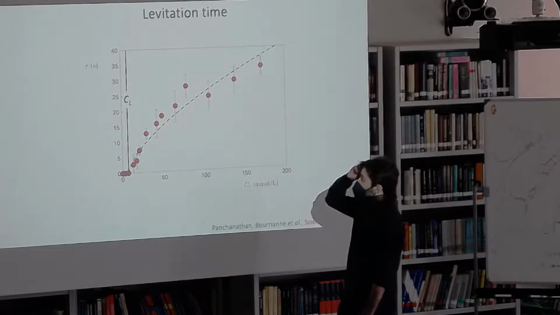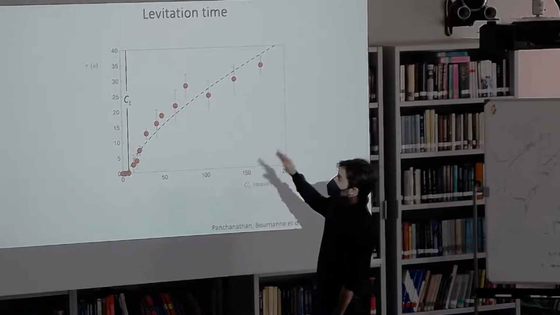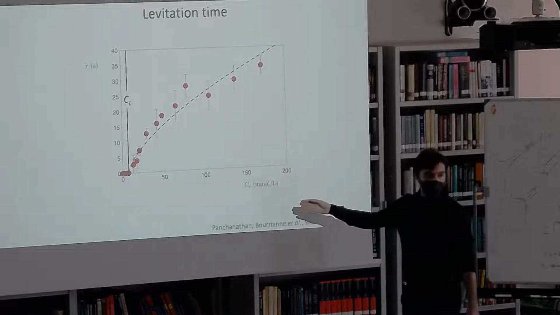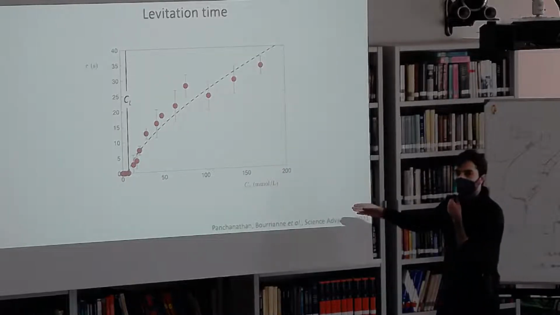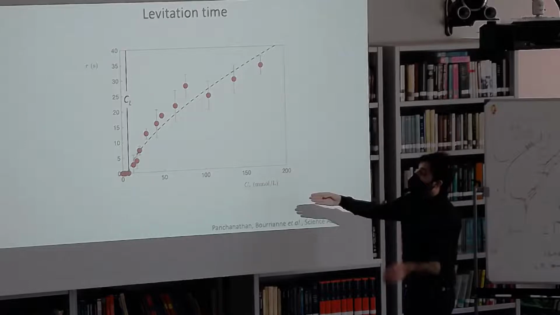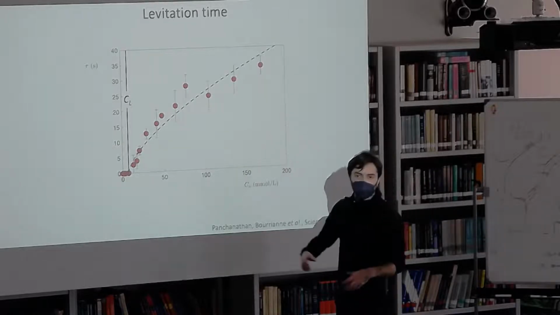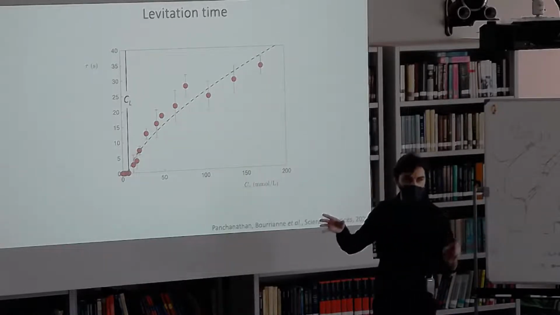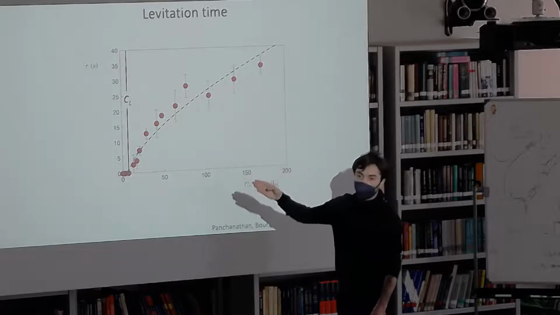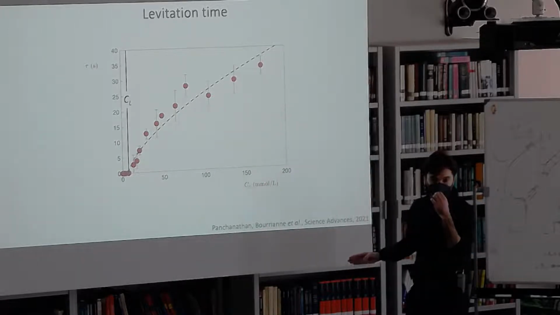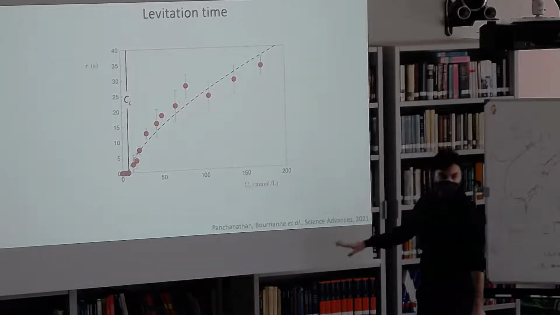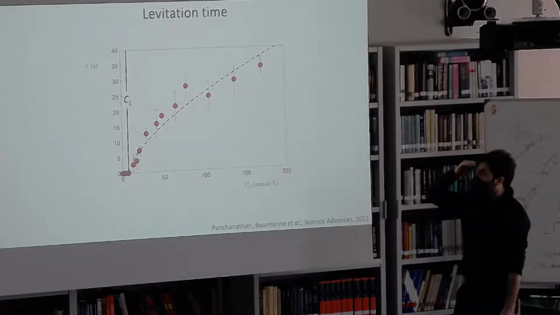And what you see is that there is an increase of the levitation time with the concentration. That increase is due to diffusion, actually, it is limited by diffusion of CO2 around the droplet. That's the dashed line here, which is our model. I won't enter into the details, but you have all the details in the paper.